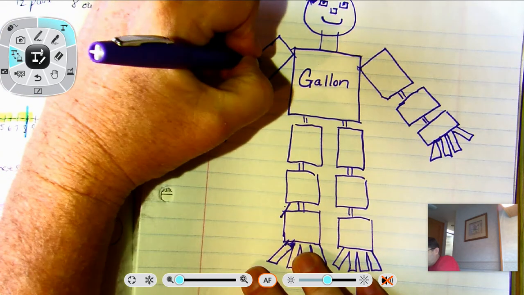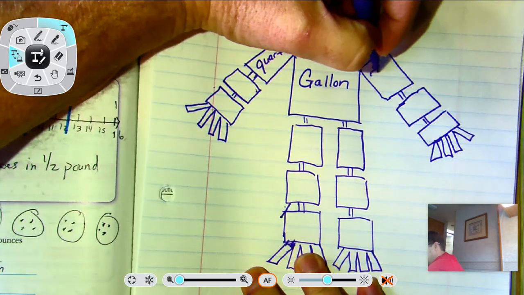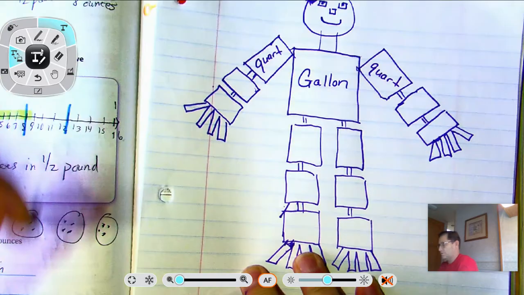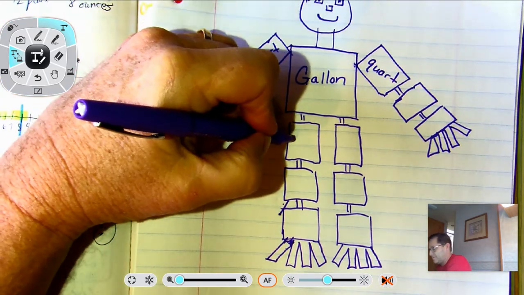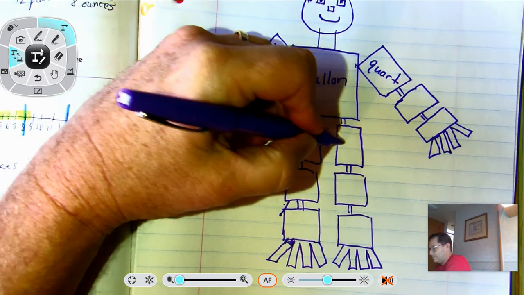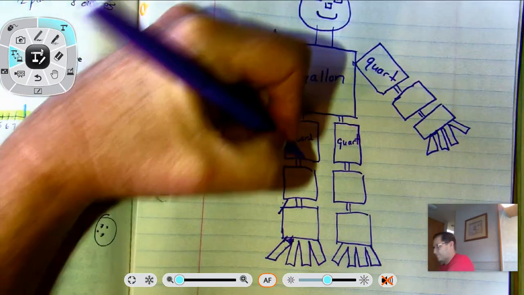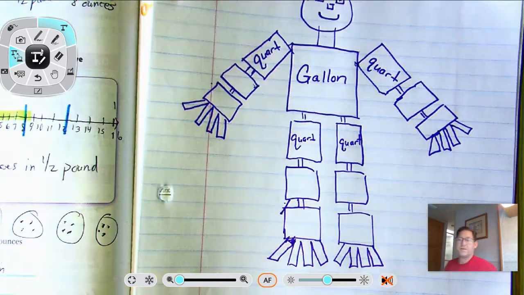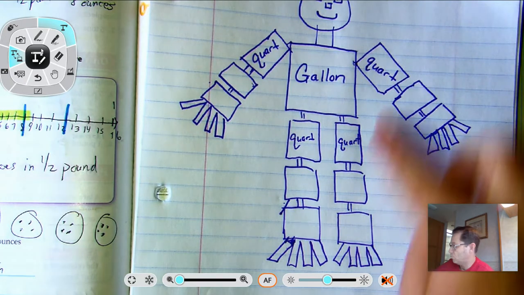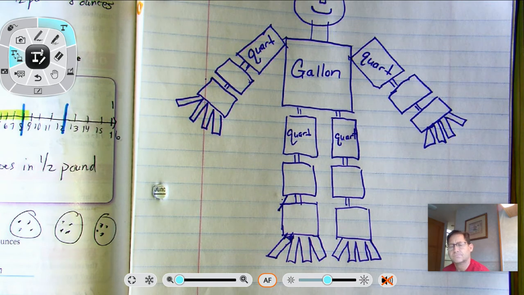Well, let's call his upper arms quart. So there's 2 quarts, and then his upper legs will be the other 2 quarts. So how many quarts are in a gallon? 1, 2, 3, 4. 4 quarts in a gallon.